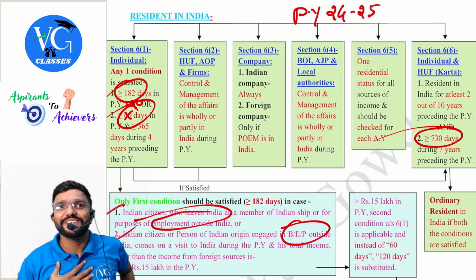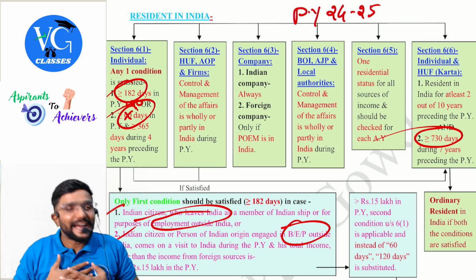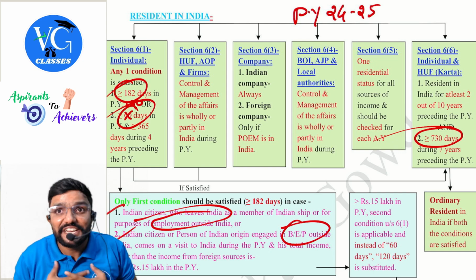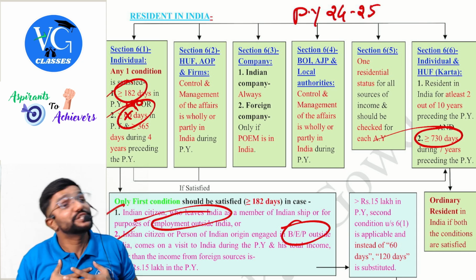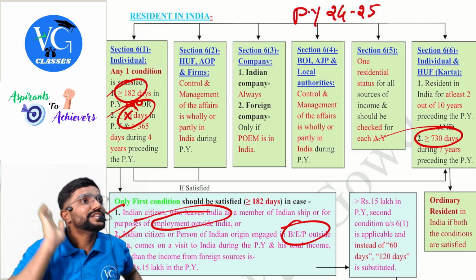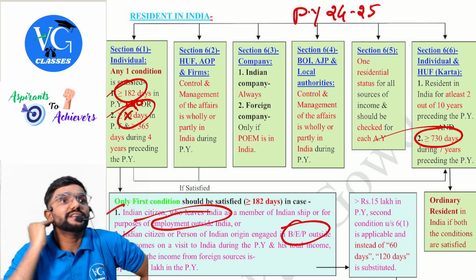I am non-resident, but am I satisfying both conditions under section 6.6? Yes. Once I become non-resident as an individual, we never check the additional conditions. But for HUF, can we go and check even though the Karta is non-resident? Yes.